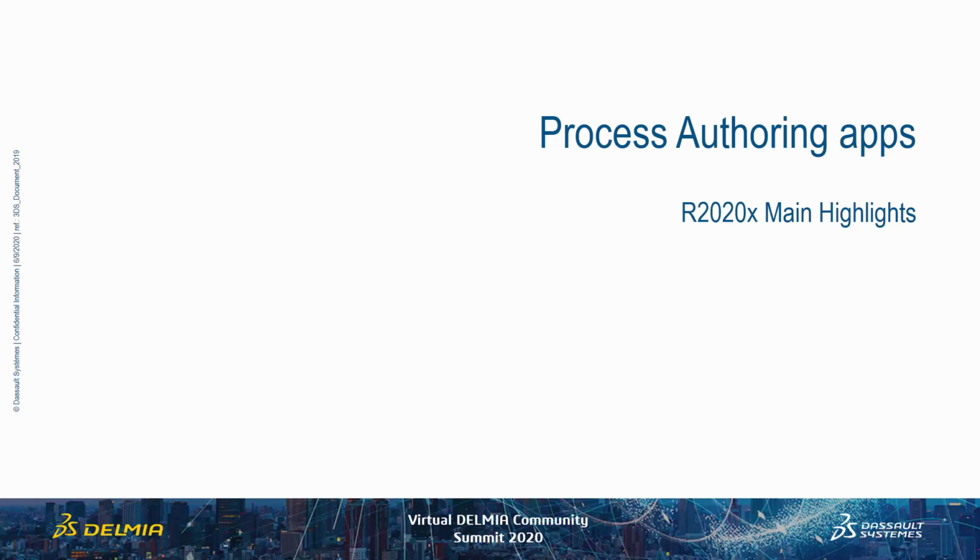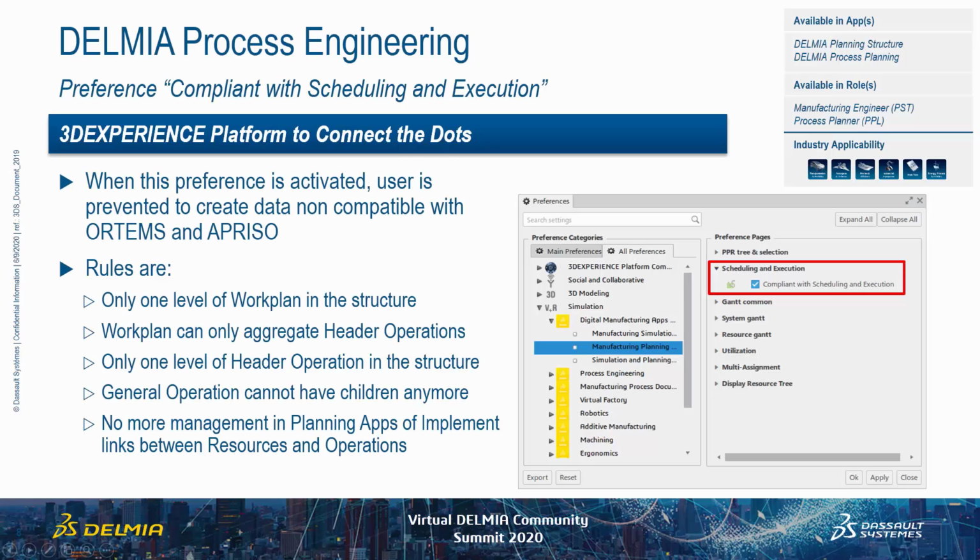Next topic is about the main highlights we have in the global process planning roles, and especially related to Web applications. First one is about a new option that you're gonna find in your preferences, which is called compliant with scheduling and execution.